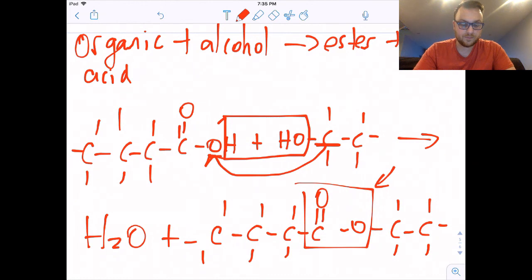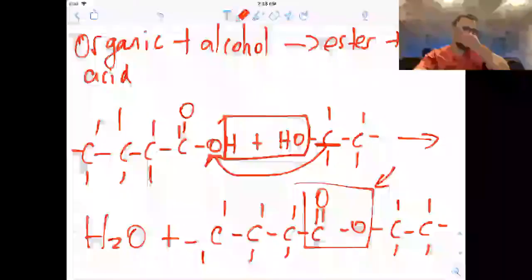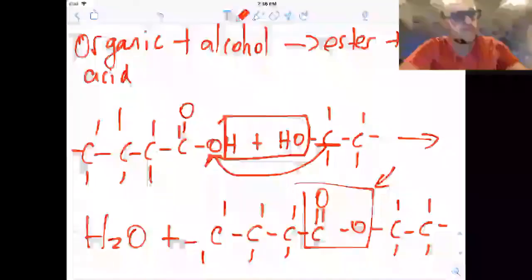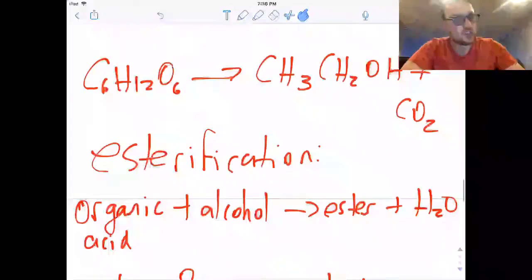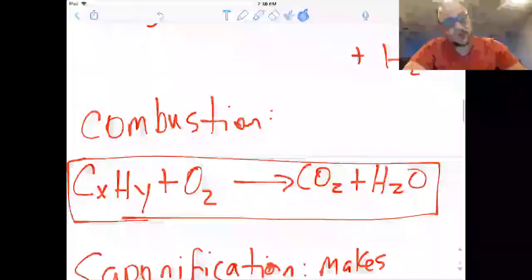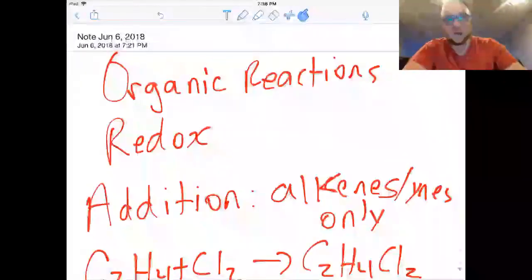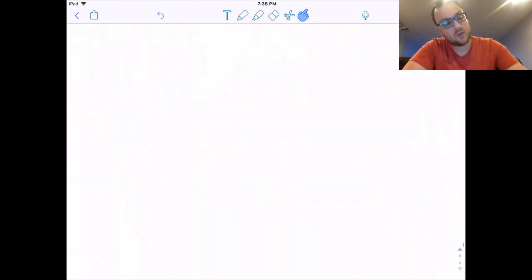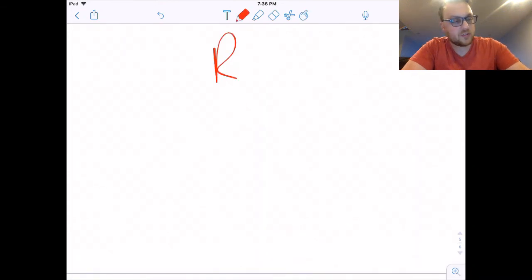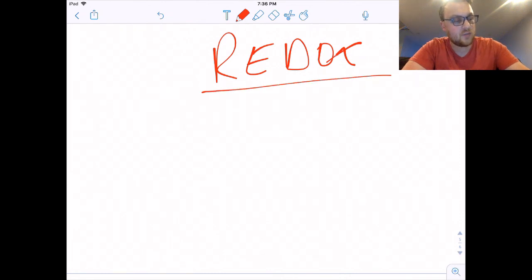All right, let's do redox. Those are the organic. There will be plenty of practice on this on my teacher site for you to look over. Okay? So, redox. Let's start with oxidation numbers. Redox is an abbreviation for oxidation and reduction, or I guess in this case, reduction and oxidation.